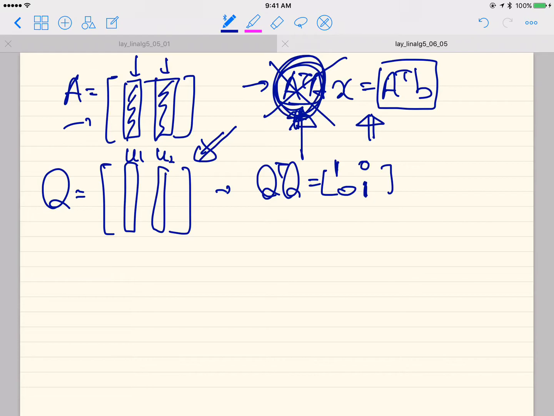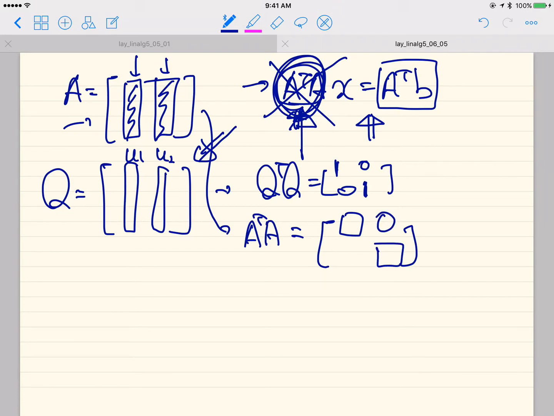So in this case, A transpose A: first of all, this matrix will still be a diagonal matrix, right? And then what will be these guys? These guys are non-zero numbers, the lengths of the vectors A1 and A2, right?